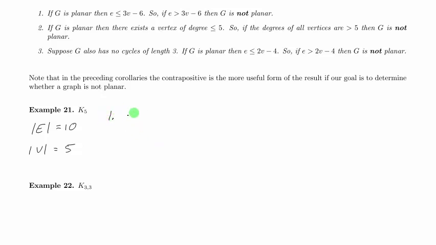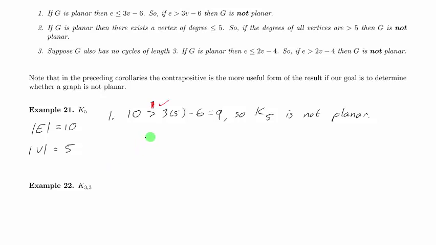We want to know if 10, the number of edges, is greater than 3 times 5 minus 6, well, that's 15 minus 6, which is equal to 9. So that is true, which means that we can conclude that K5 is not planar.